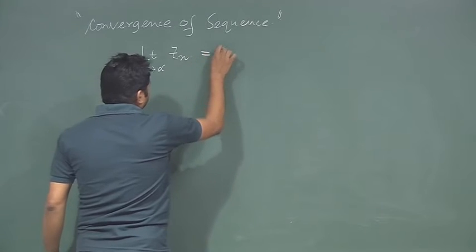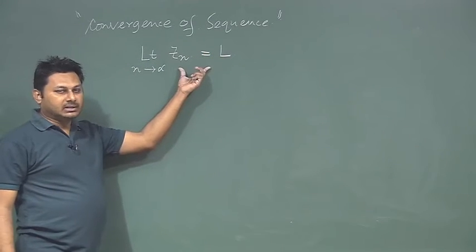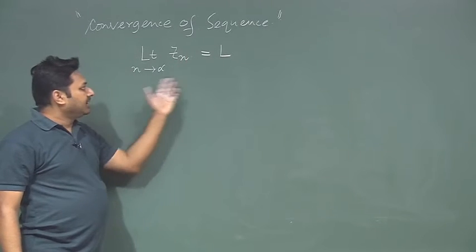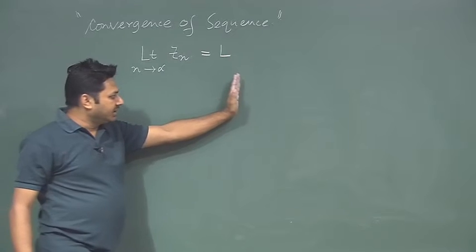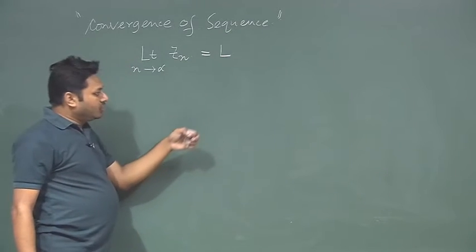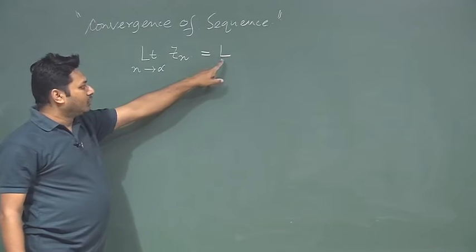Say it goes to some value L. This is the mathematical statement. So, that means when I change the value of n, it will try to locate some particular point which I call L.